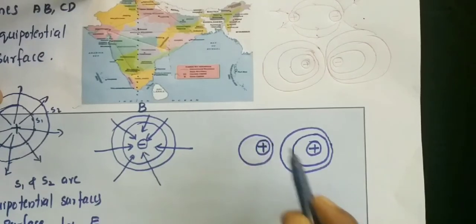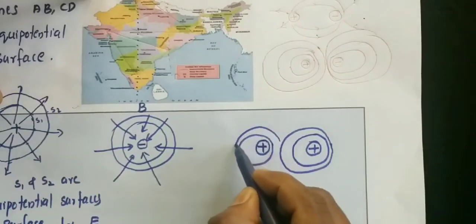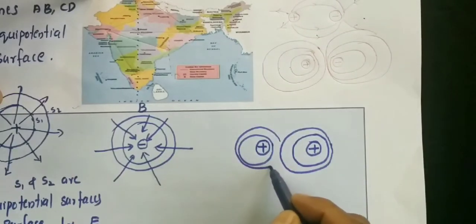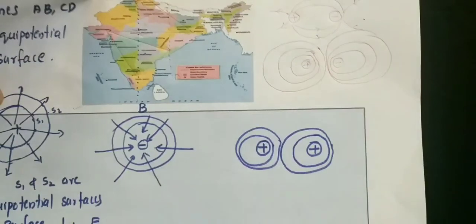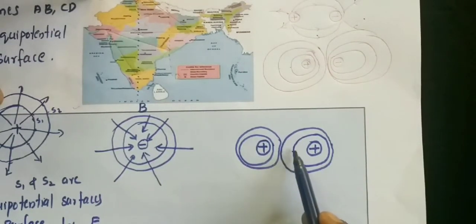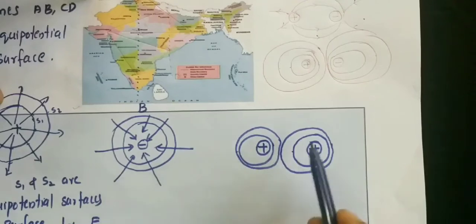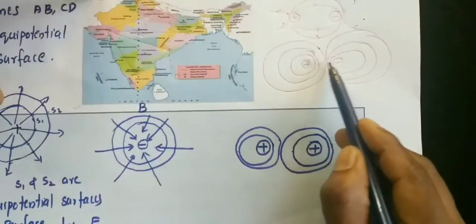And I am drawing another equipotential surface. See, the gap is very small outside the charges, but between them, you can see this gap is more, but here the gap is less. That is the only difference.